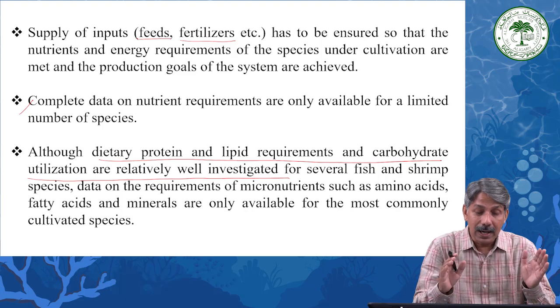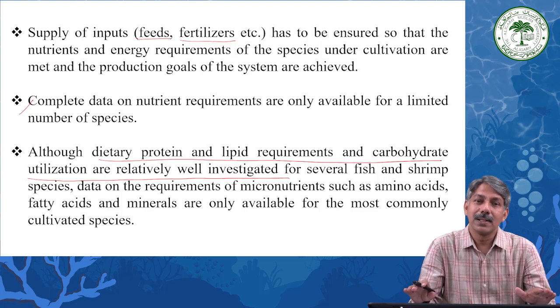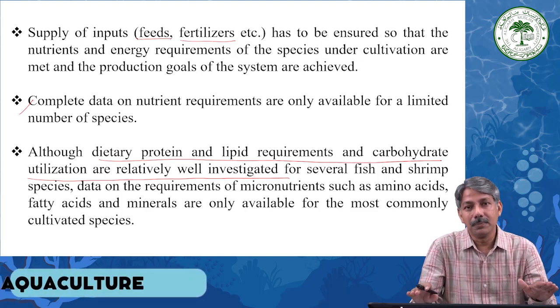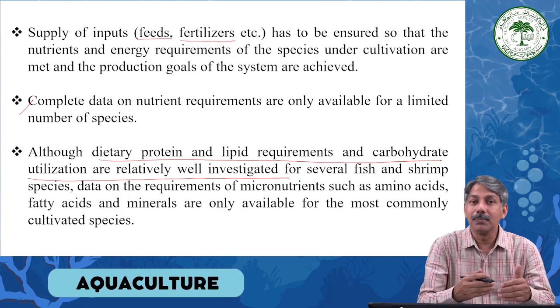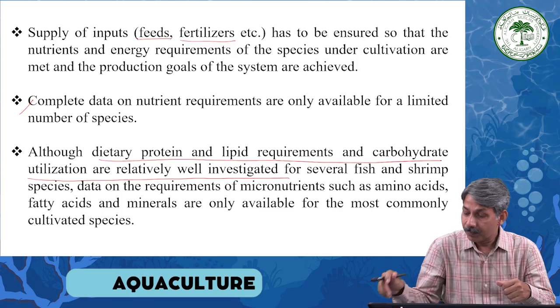But at least we can say at this point of time that for almost all the cultivable fish species which are now being cultured successfully, we have an almost complete profile. There are certain limitations, but people are still working, and maybe those gaps will also be filled. As we are talking, you will get some more data on these aspects.